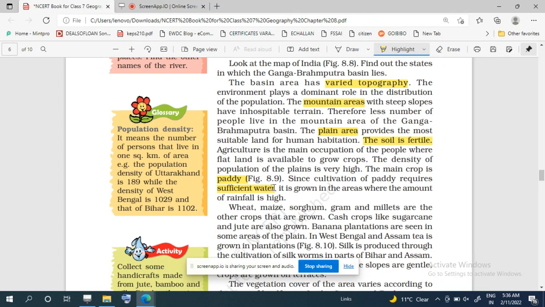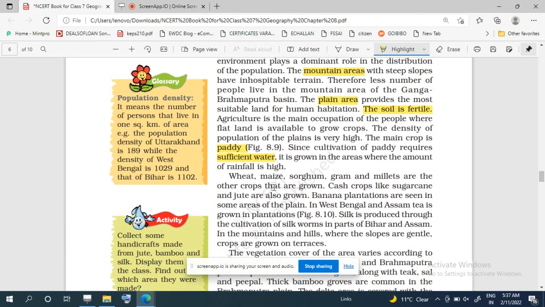And as we have seen, the southwest monsoon is responsible for bringing rain in this region. So the amount of rainfall is high, so it is suitable for the purpose of agriculture.